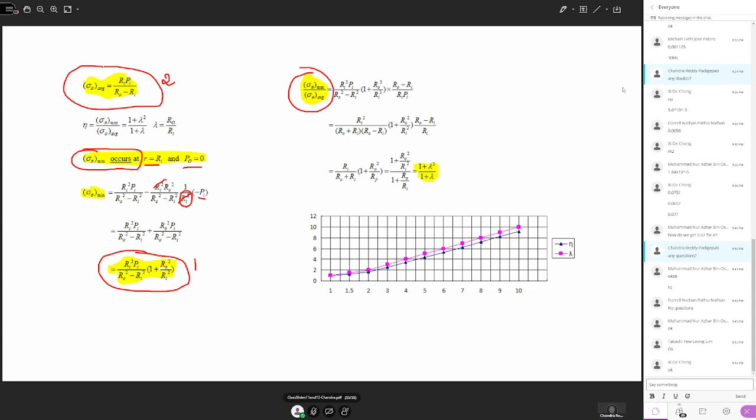If you take the ratio and simplify, we can write it in this form and get the final answer, where lambda is replaced with Ro over Ri.